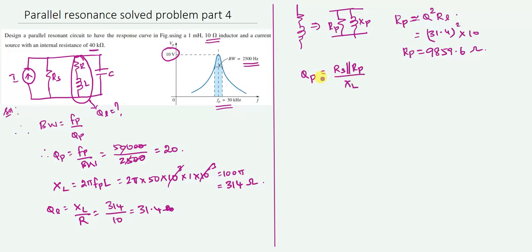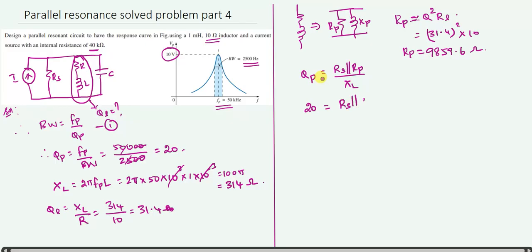This is the formula for the quality factor in terms of resistance and inductance. Let us take this as equation number 1. From equation number 1, the quality factor, which is 20, is equal to RS in parallel with RP, that is 9859.6, divided by XL.